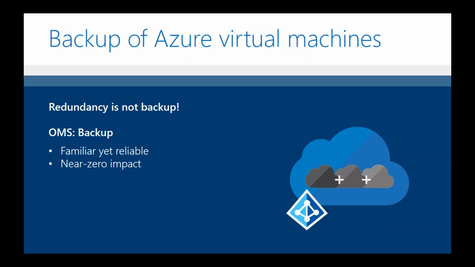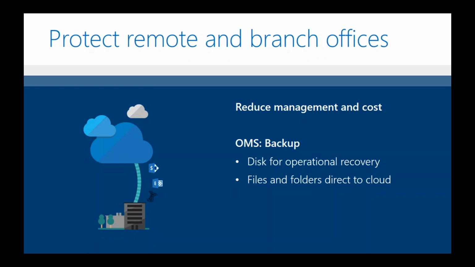So moving away from the cloud, let's look at some of the challenges in remote and branch offices or enterprises. A lot of times there are bandwidth constraints with remote offices and branch offices. With OMS Backup, you can back up directly to the cloud.